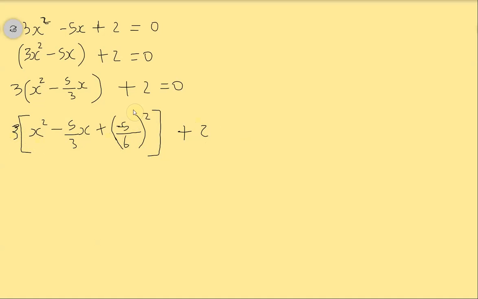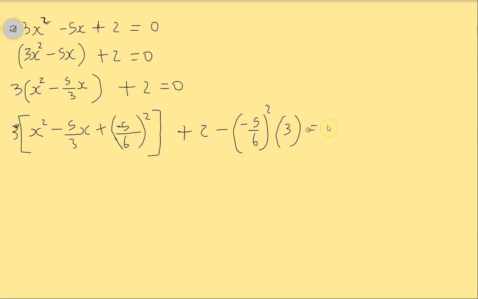So when we are subtracting the term we added here, when we are subtracting that term, we have to be sure to also multiply by what's outside the bracket, which is that 3.